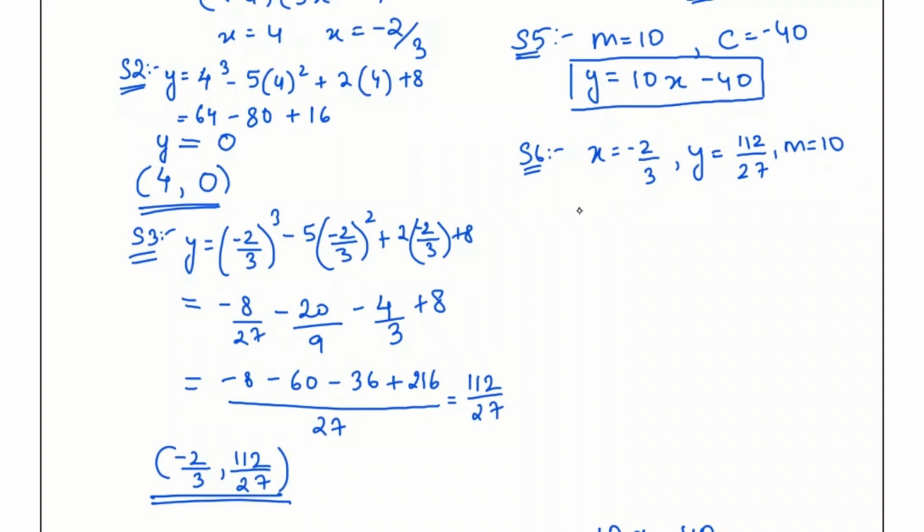So 112 upon 27 is equals to 10 into minus 2 upon 3 plus c.